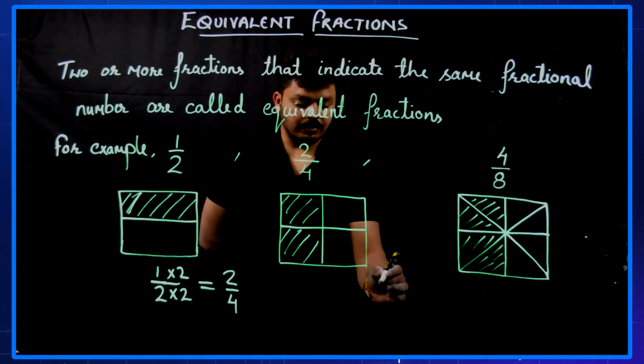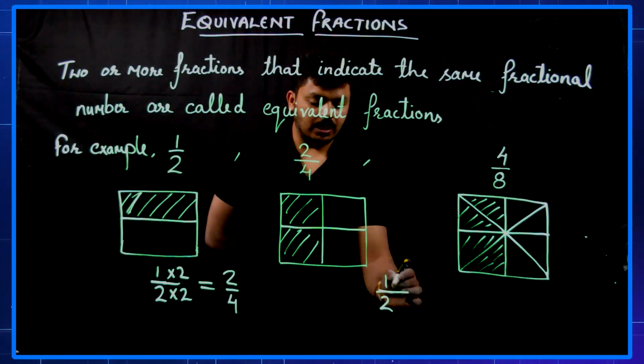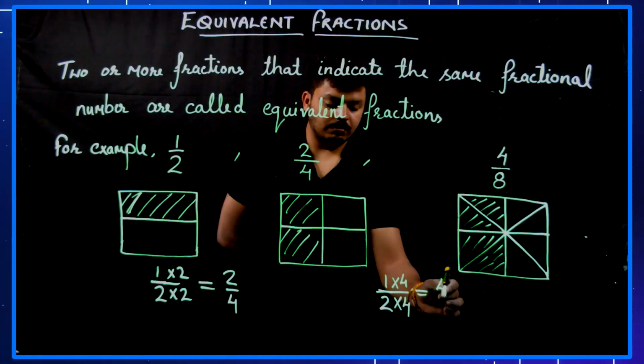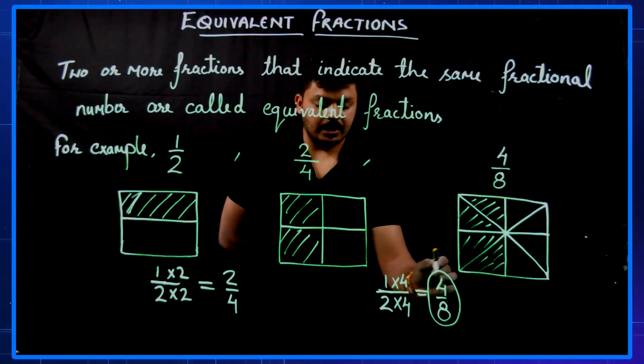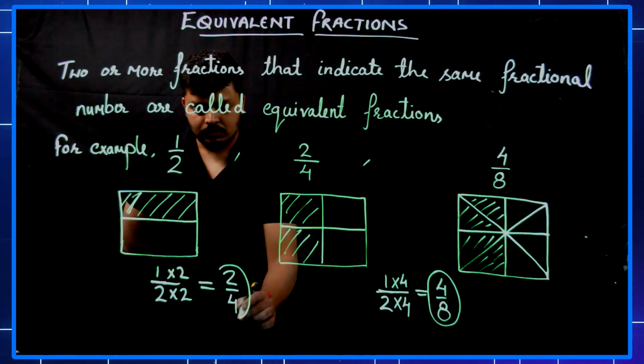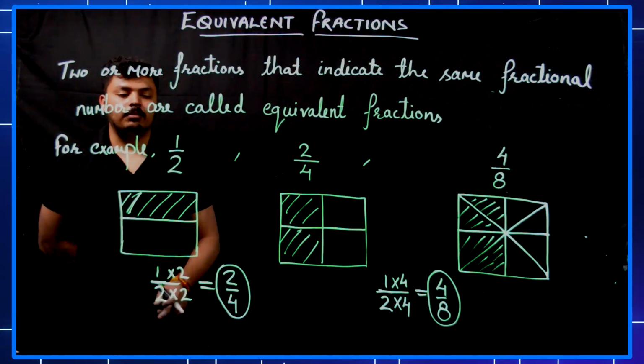Similarly, if we multiply by 4, we get 4 by 8. So 4 by 8, 2 by 4 are equivalent fractions for the fraction 1 by 2.